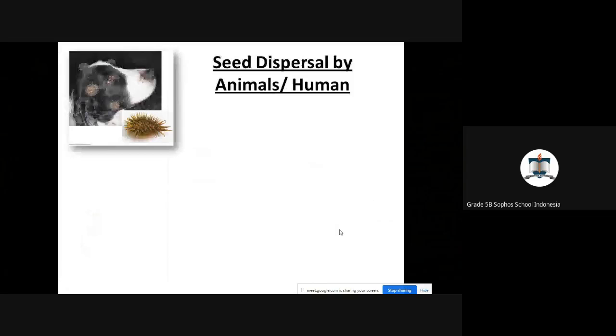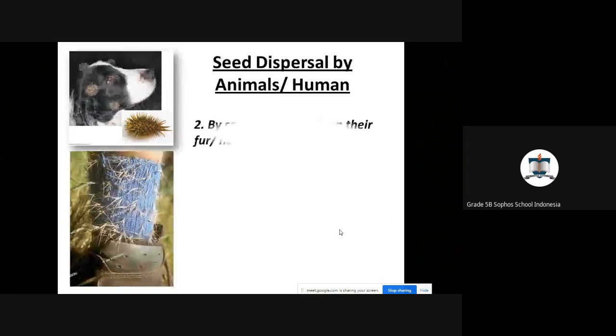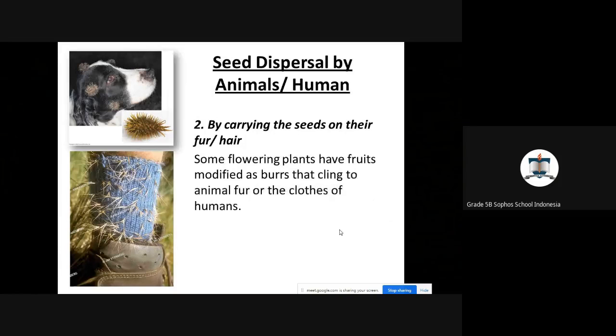The second way to disperse the seed is by sticking to the animal's fur. As you see here, some animals like dogs like to play outside, and then when they get back home, they will bring some strange things on their fur, like this.